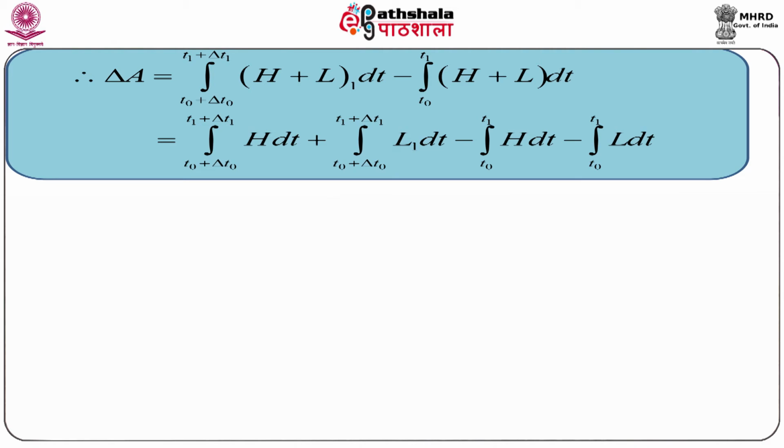This can be written as integration T0 plus delta T0 to T1 plus delta T1 H dt, since H has the same value in actual path as well as varied path, plus integration T0 plus delta T0 to T1 plus delta T1 L1 dt minus integration T0 to T1 capital H dt minus integration T0 to T1 L dt.